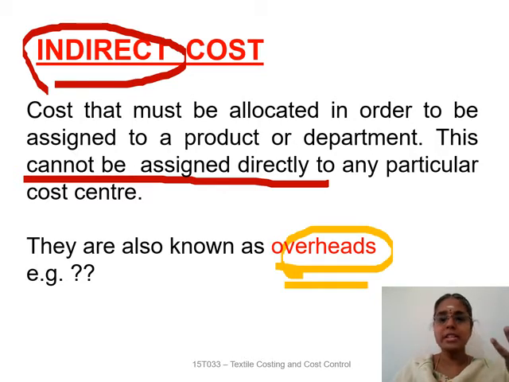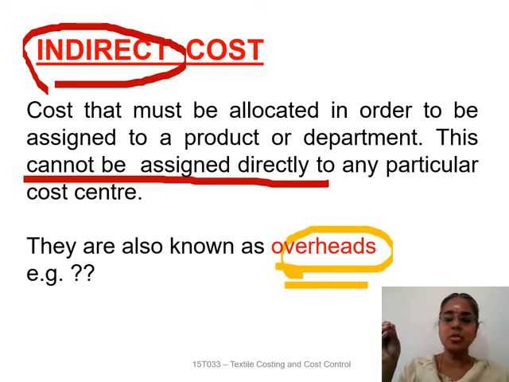Say some lubricating oil is used in a ring frame. It is a material cost, but that material is not found in the product, and you don't know for how many kgs of material you have to put how much oil.